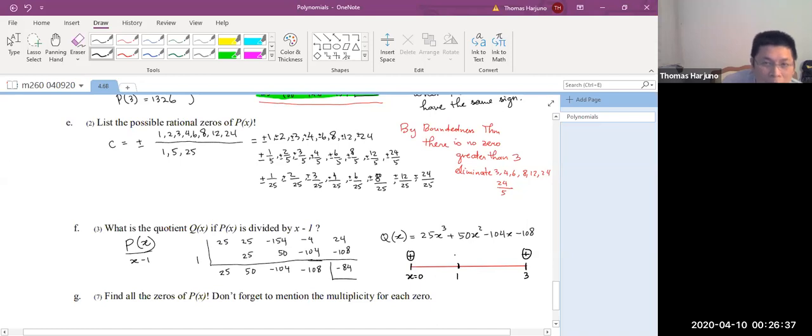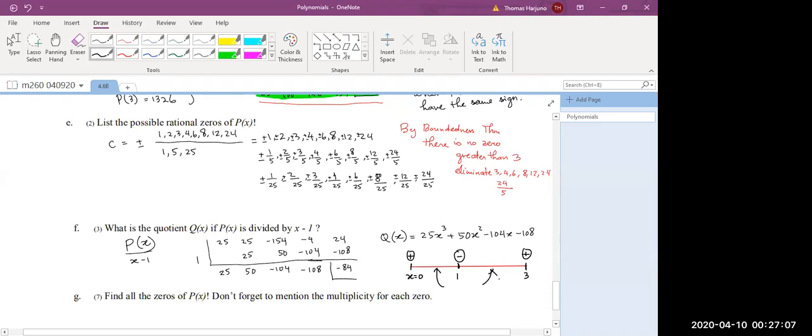So part F, my explicit question is, what's the quotient? What is the polynomial for the quotient? But implicitly, if you look at this, it means P(1) is a negative number. When you see this structure, you know that there must be a zero here and a zero here, by the intermediate value theorem.